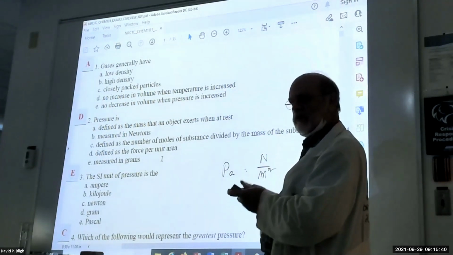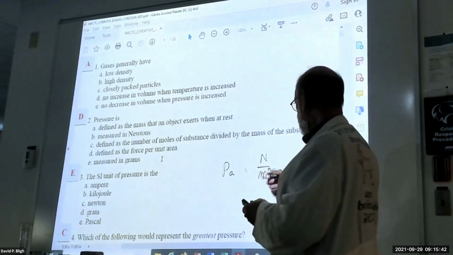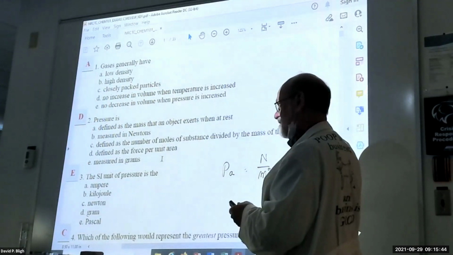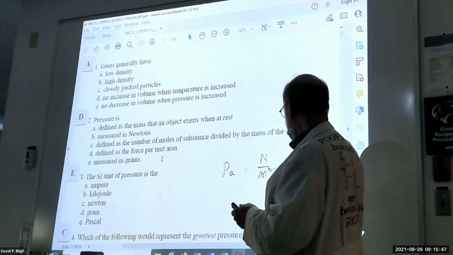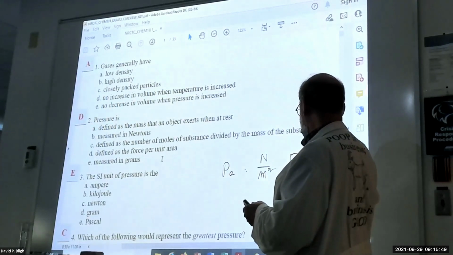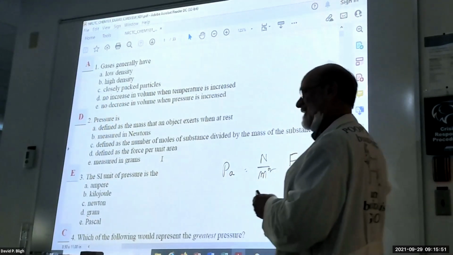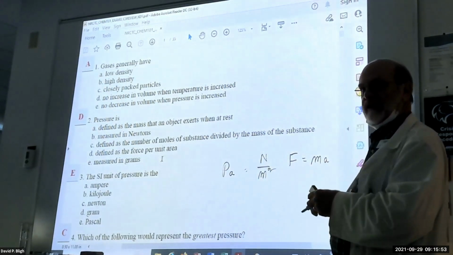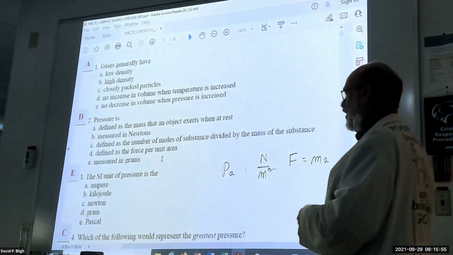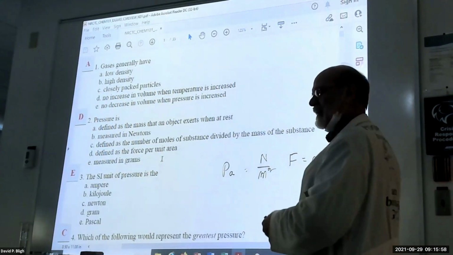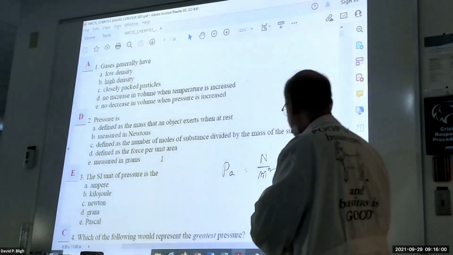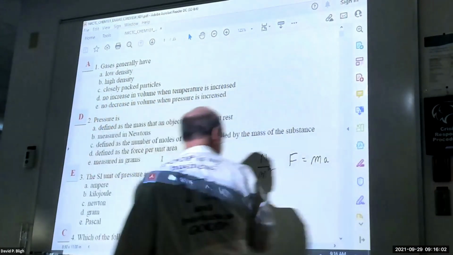Newton is a derivation. Where's the Newton come from? You remember? Yes. Newton's second law. That's why they call it the Newton, probably. To honor Newton for his second law of motion. Okay.